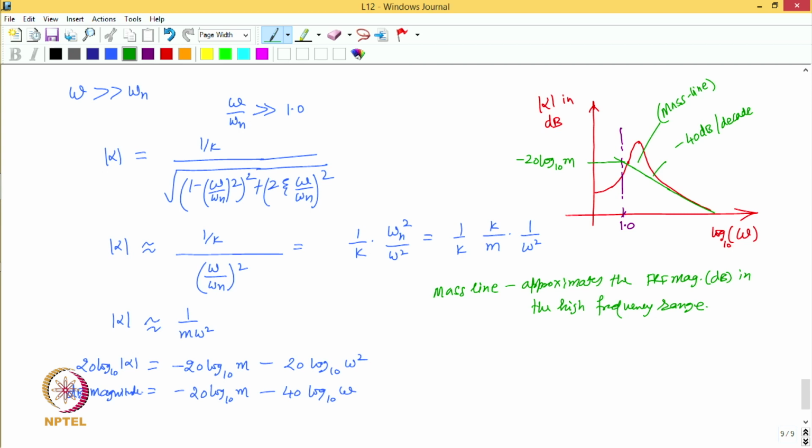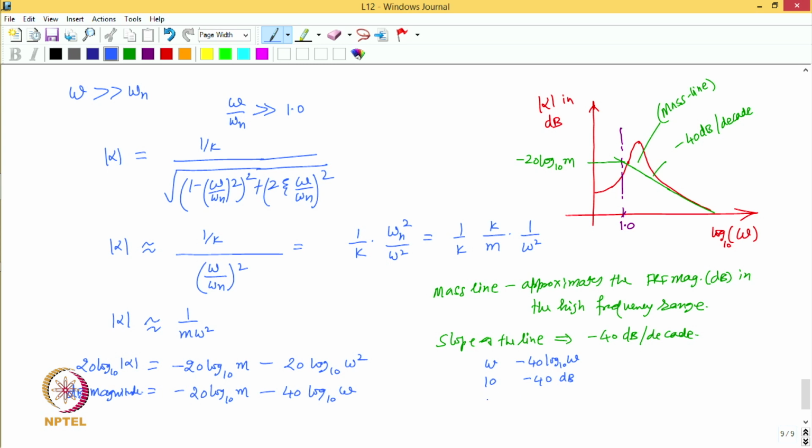Also, the slope of this line is minus 40 dB per decade. So, why is that so? We can understand this in this manner. If I take, say, omega is, let us say 10, and if I look at the magnitude of minus 40 log 10 omega, then this magnitude will be minus 40 dB.